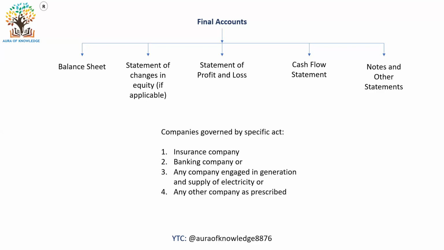Suppose tomorrow, apart from these, the government prescribes some other format for some other type of business. Those companies do not fall under this category; they have to follow whatever format is prescribed under those acts. Fine.